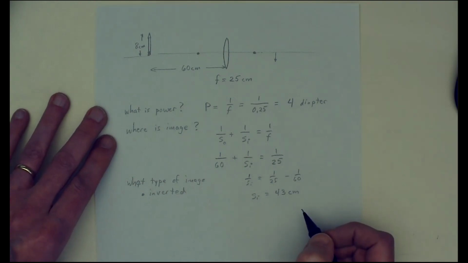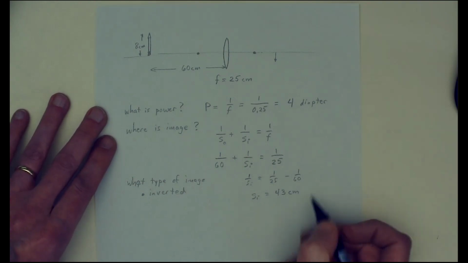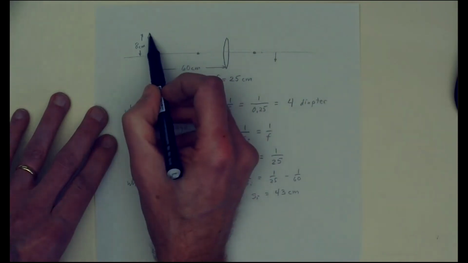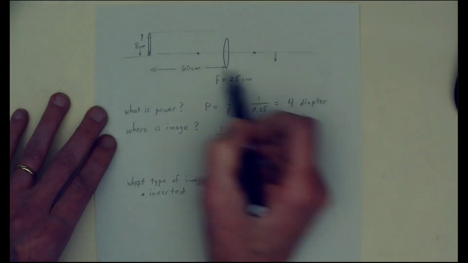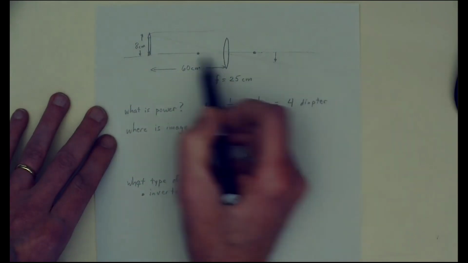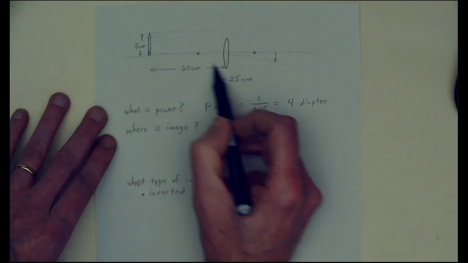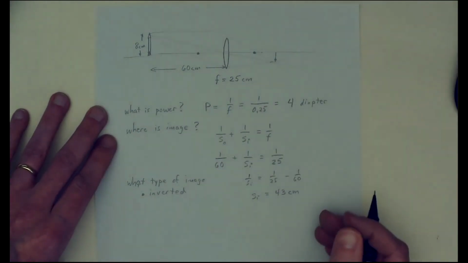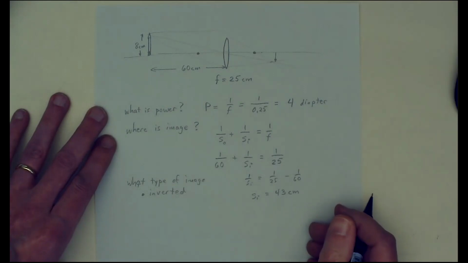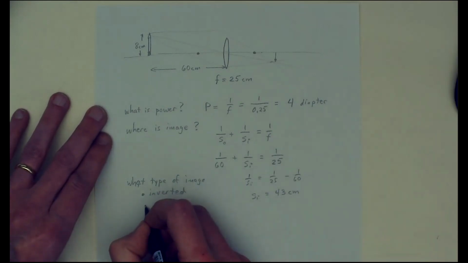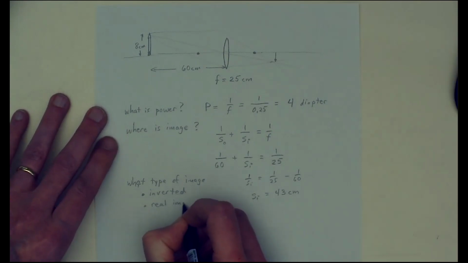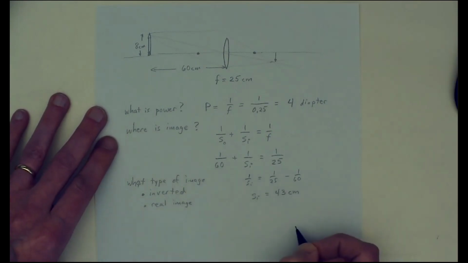The distinction there is, do the rays really go through the place where the image is? In this case, yes, these rays will be focused down through a point like that and so on. These rays will really, in fact, be going through that point. If you put a piece of paper there, it would show that image. So this is, in fact, a real image. It's a real image. It's an inverted image. That's what kind of image it is.